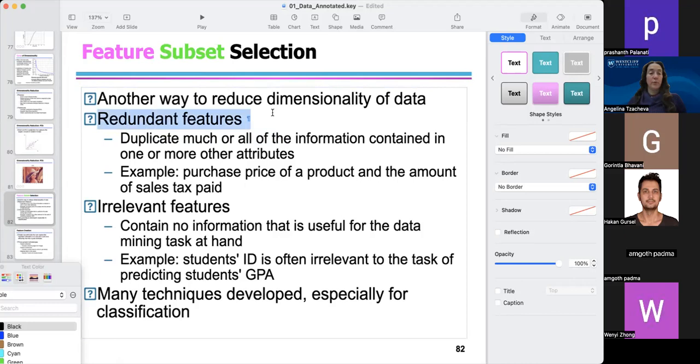We want to remove the redundant features and duplicates. We want to remove the irrelevant features, that is, we're only going to keep the ones that are important or related to our analysis, and the rest that are irrelevant should be removed.